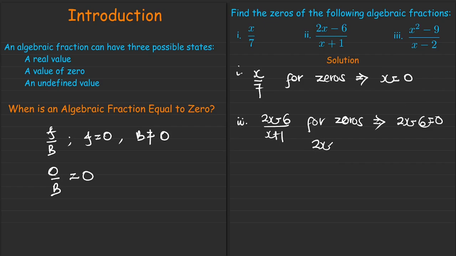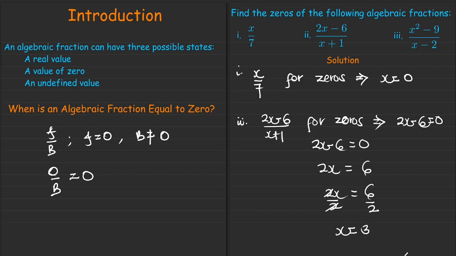So if 2x minus 6 is equal to 0 and we want to make x the subject, then we move negative 6 to the other side so that it becomes 2x equals 6, because it is negative, if it moves to the other side, it becomes a positive. Making x the subject, we divide both sides by 2. The 2 cancels out 2. We have x being equal to 6 over 2, which gives us 3.